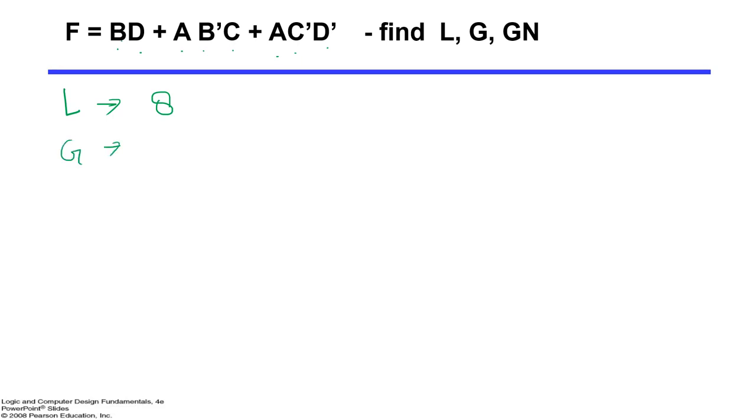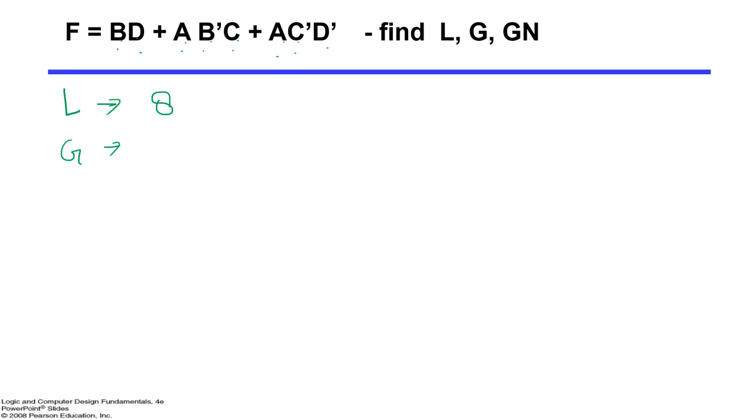You can say 1, 2, 3, 4, 5, 6, 7, 8 for the AND gates. Now what about the OR gate? 3 inputs for the OR gate as well. So how many in that case?